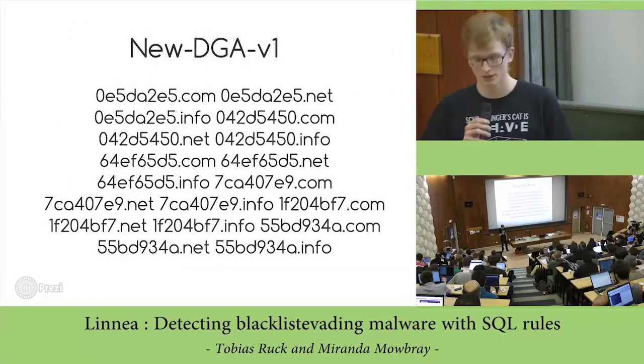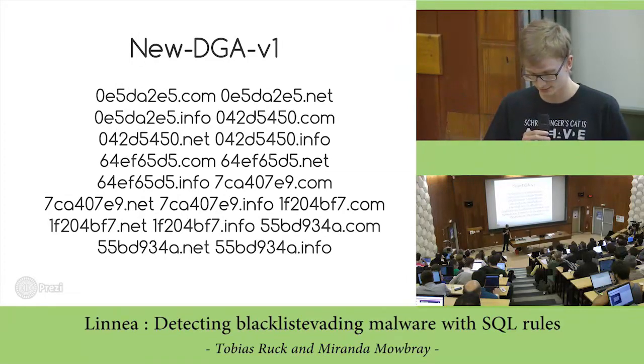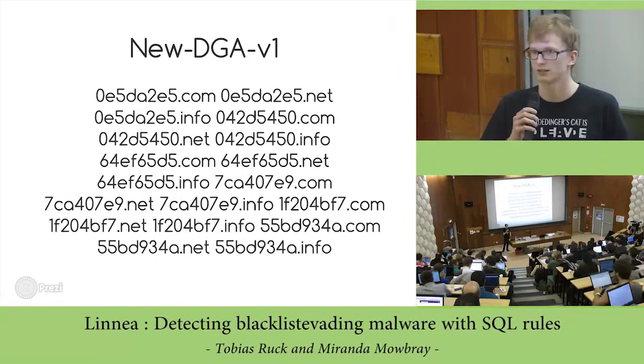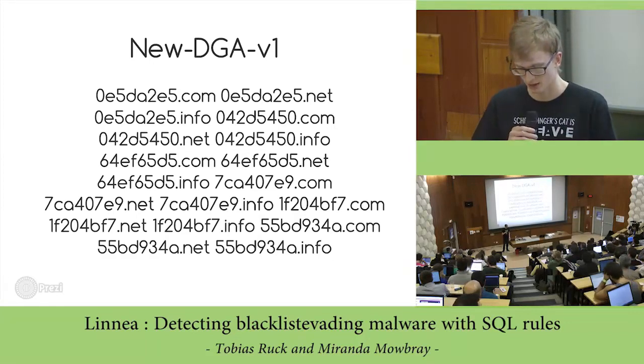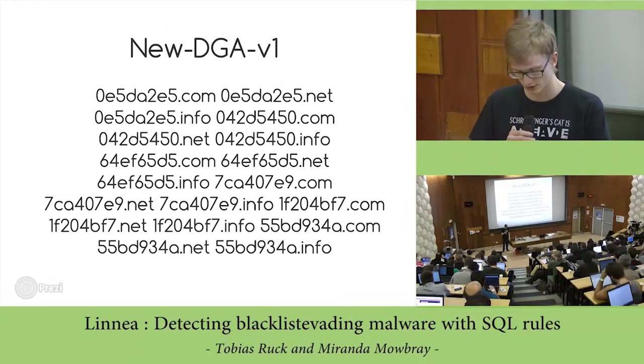As an example, let's have a look at this malware here. Well, the string in front of the suffix can be the same for different suffixes. We can use that in a linear rule, and it gets really tidy.